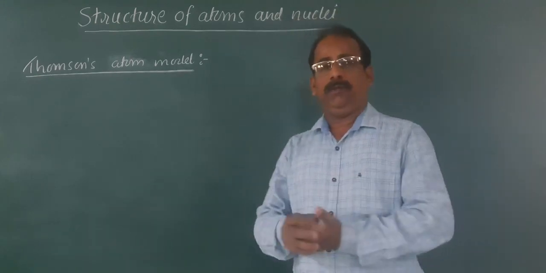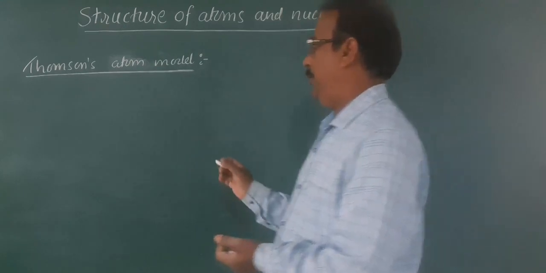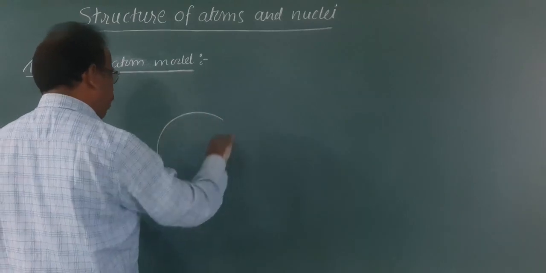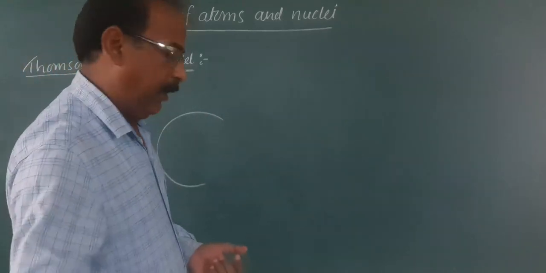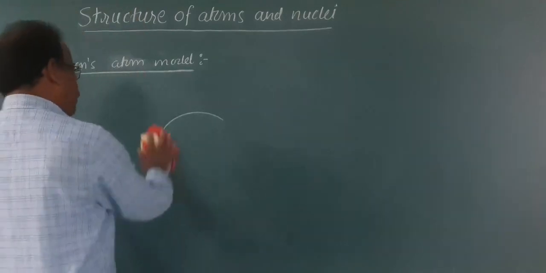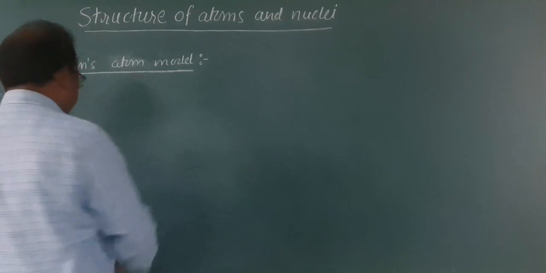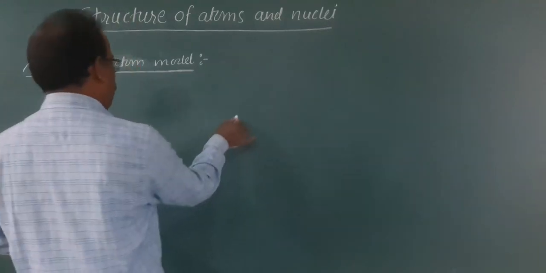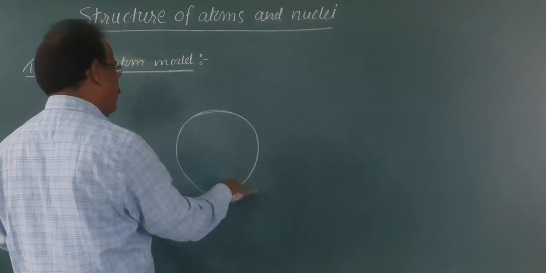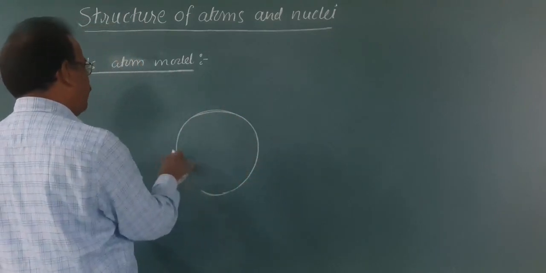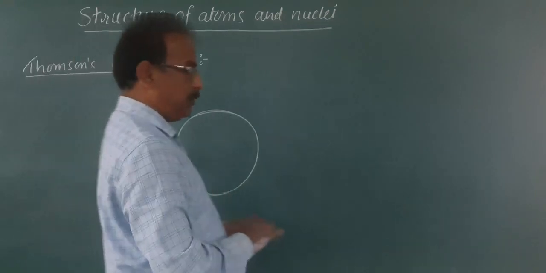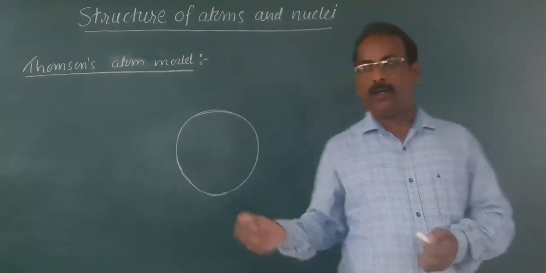According to Thomson, the atom, which is the smallest particle of matter, is nothing but a positively charged sphere. It is spherical in shape and having positive charge.